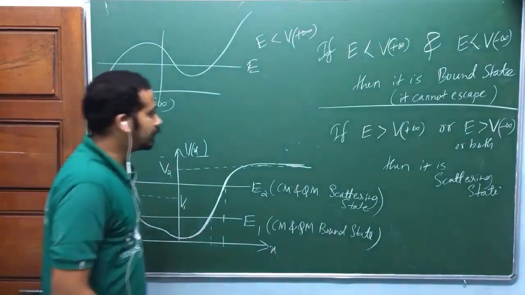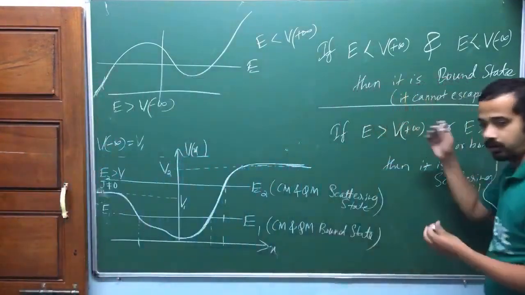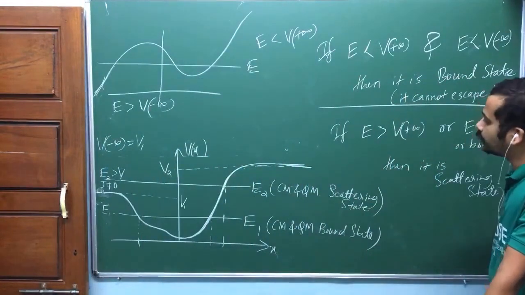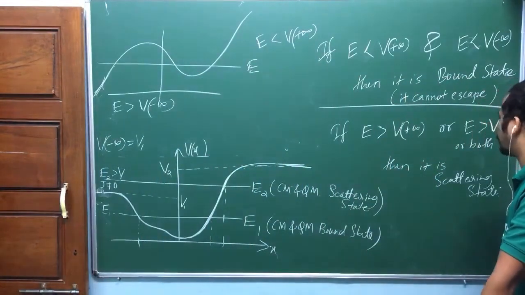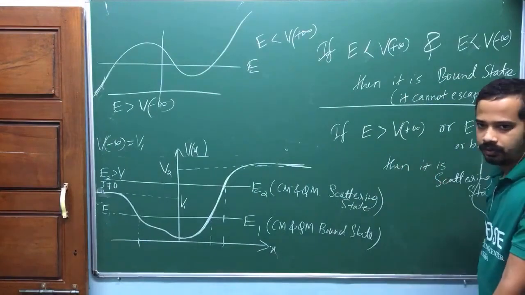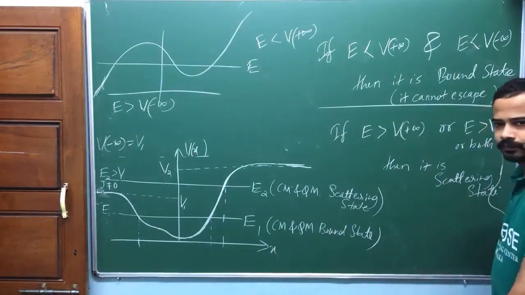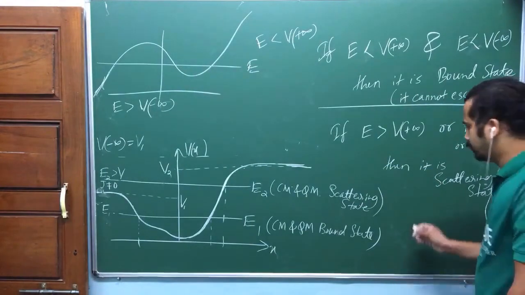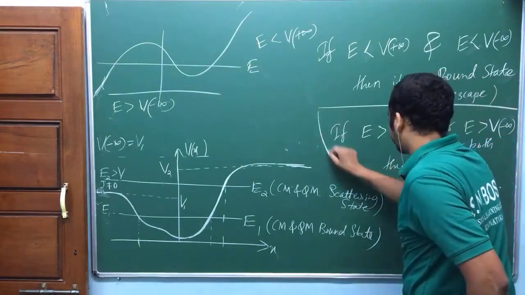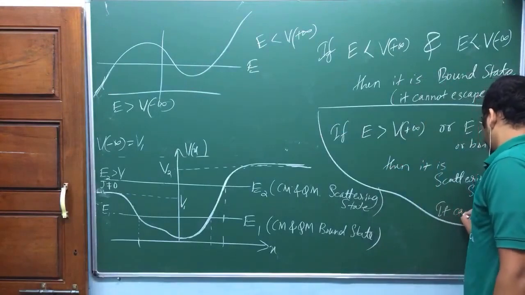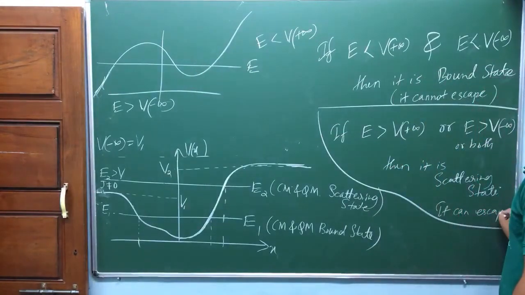If energy is greater than V at plus infinity or minus infinity or both, it can escape. Once it is a scattering state, it is always a scattering state. It can escape, isn't it?